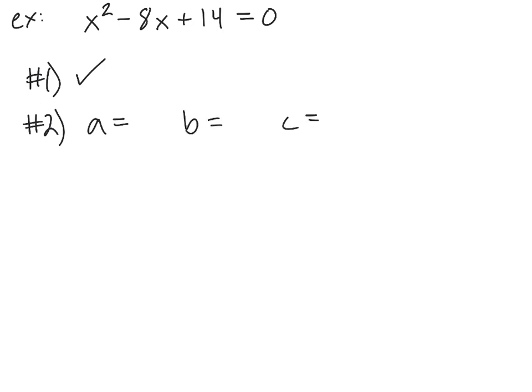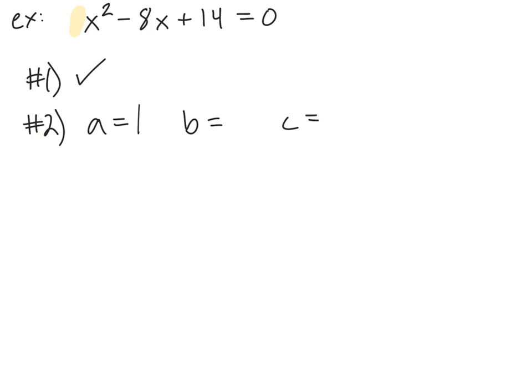So we go back to our equation, and we see that A is the coefficient on x squared, and that's going to be a 1. We typically don't write a 1 as a coefficient because it's redundant.